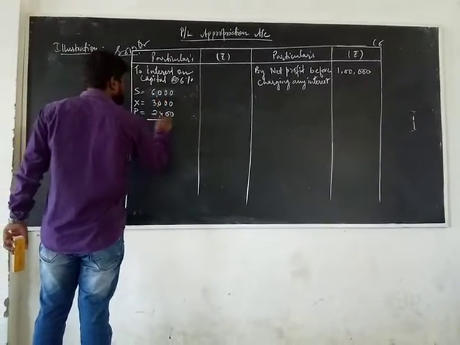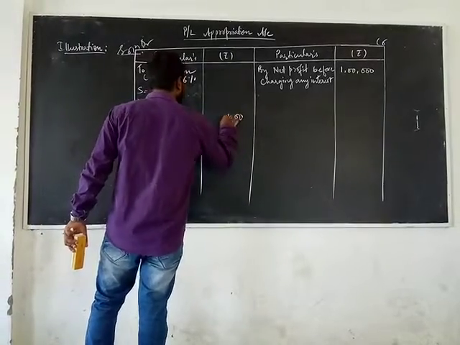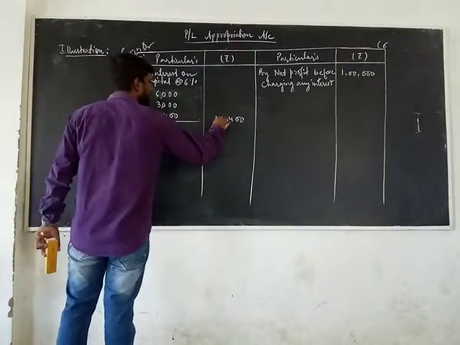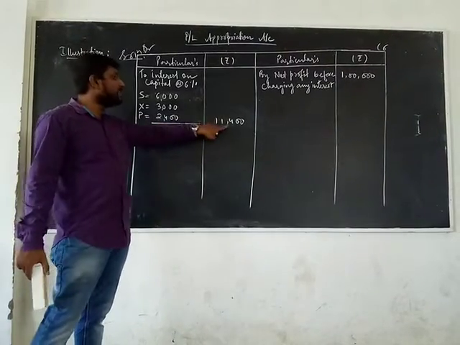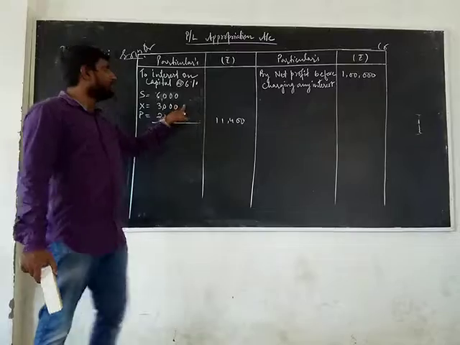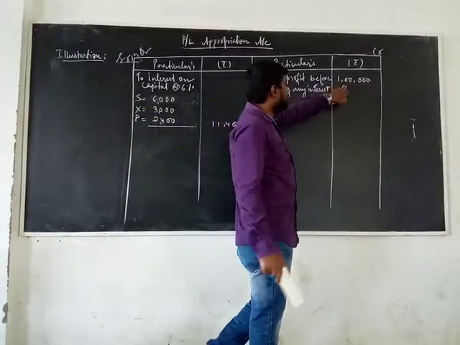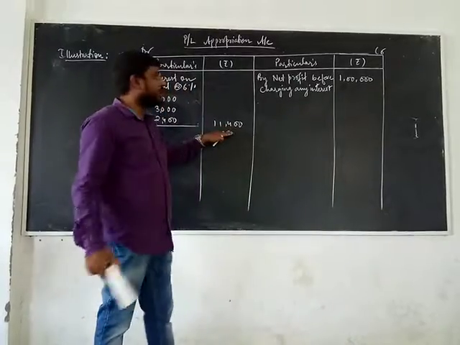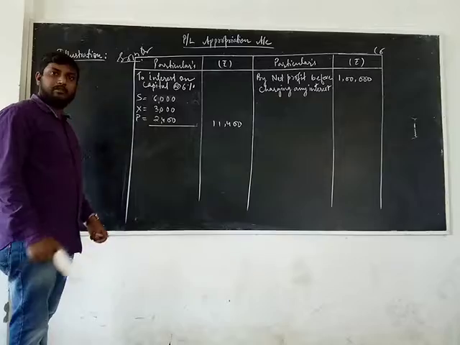Add all these three and write in the outer column. So the total will be 11,400. Now see, from where has this 11,400 been given? From this 1 lakh. Remember, from this rupees 1 lakh, this 11,400 has been provided to the individual partners S, X and P.